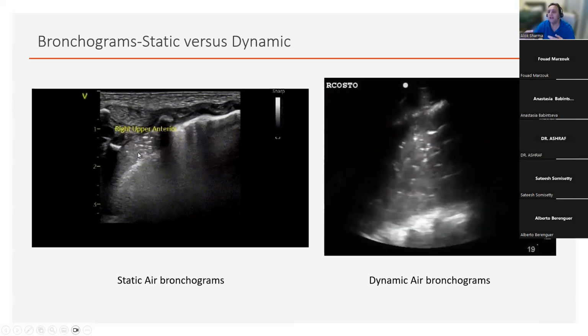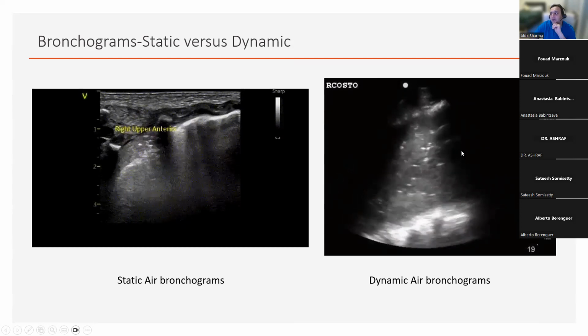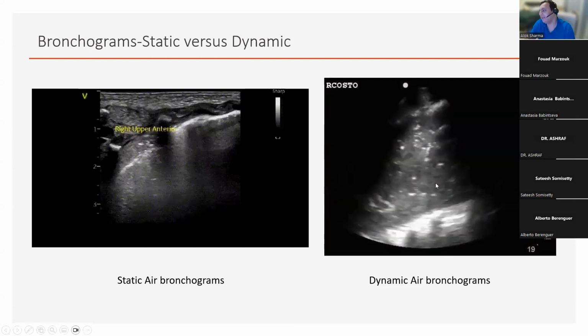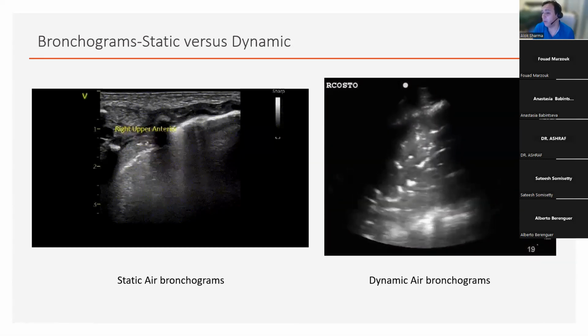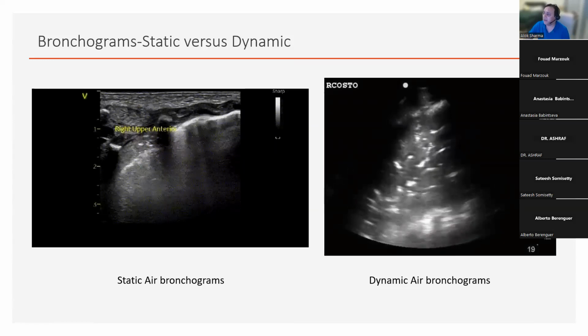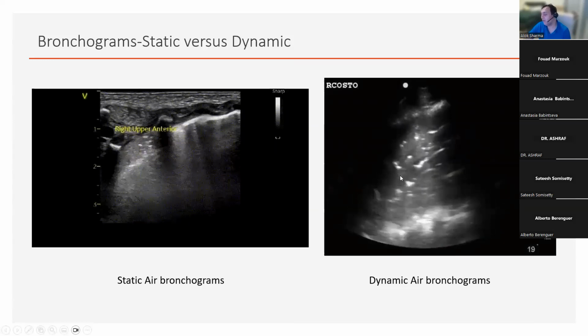Now air is a good reflector. Because it's a good reflector, it will appear bright. Over here, we've got pneumonic consolidation, and we've actually got pus coming in and out of these bronchial trees. Now, this pus is dense, hyperechoic material, and hence it's giving a bright area, but it's exudate moving out of the tree.